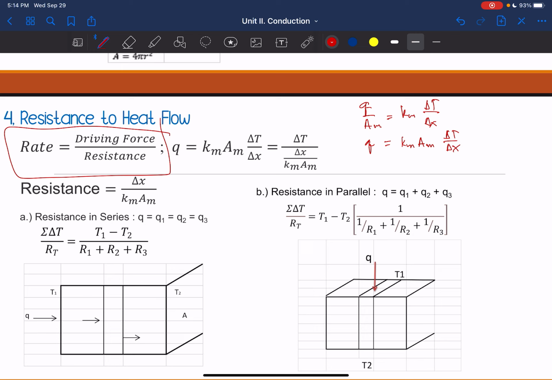Take note, what's the driving force for heat flow? It's just your change in temperature. So that, if I would have Q, the driving force is your delta T.